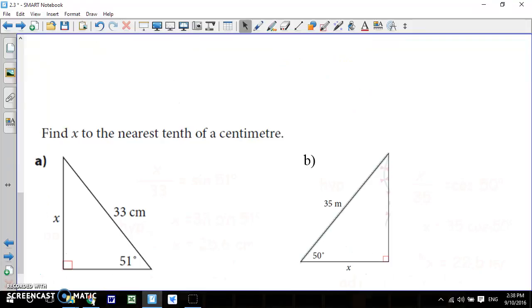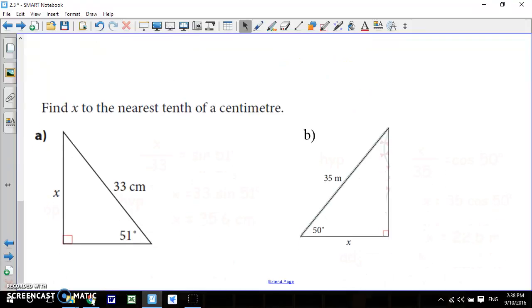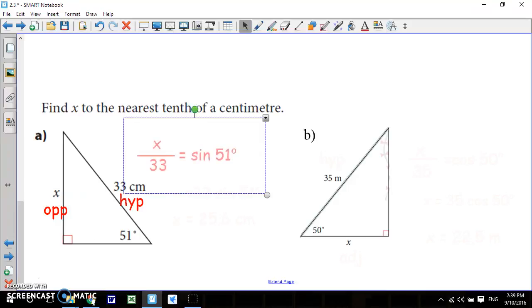So let's try the next two questions. Find X to the nearest tenth of a centimeter. Triangle A. We have the 33 centimeters across from the right angle, so this is the hypotenuse. From 51 degrees, X is across from it, so we have opposite. So opposite over hypotenuse again means X over 33 is sine 51 degrees.